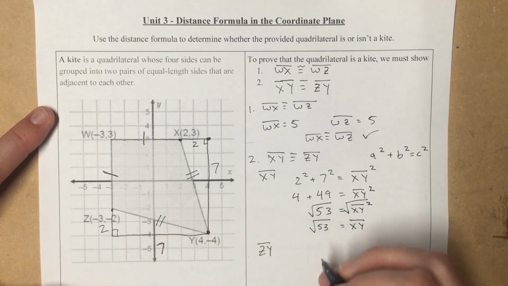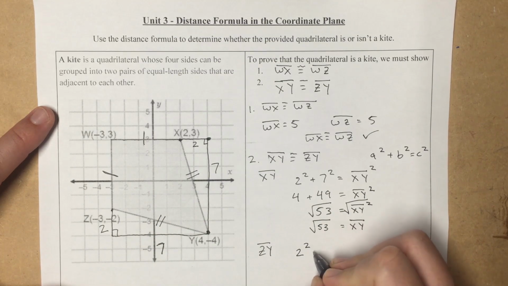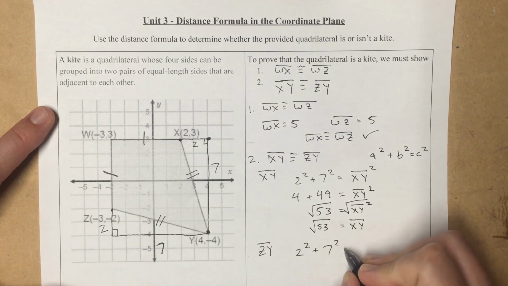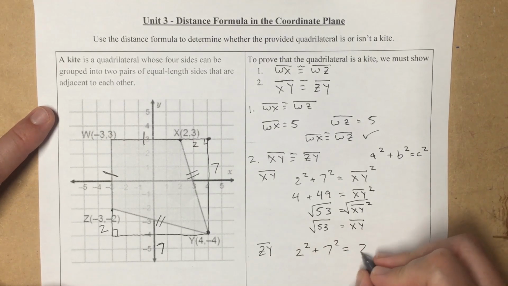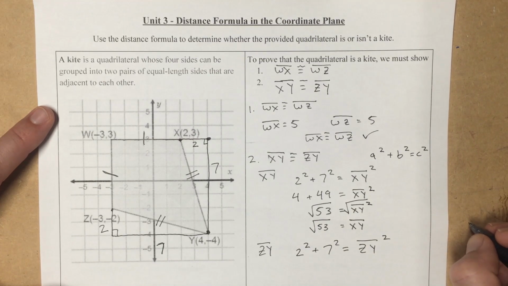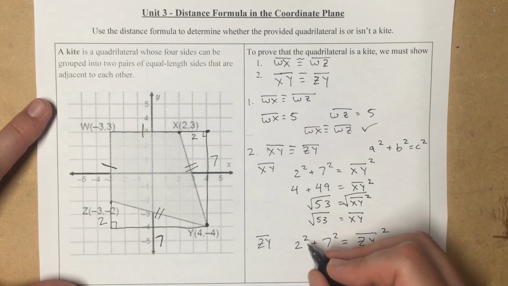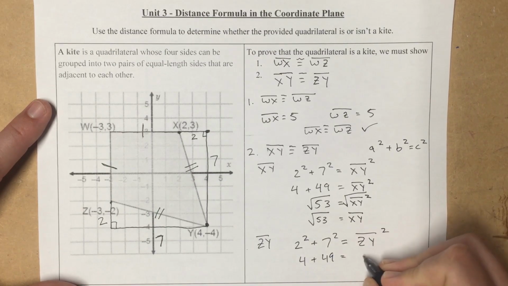So I'm going to use my Pythagorean theorem. 2 squared plus 7 squared is going to be equal to my ZY squared. Again, 2 squared is 4 plus 49 equals ZY squared.